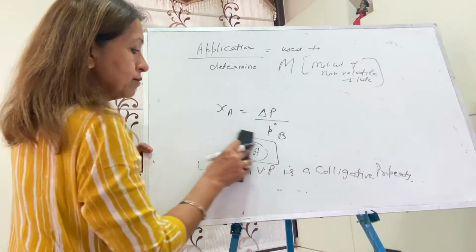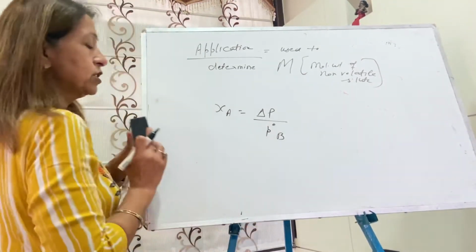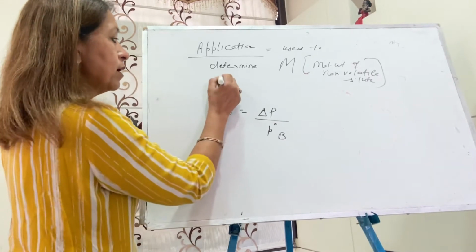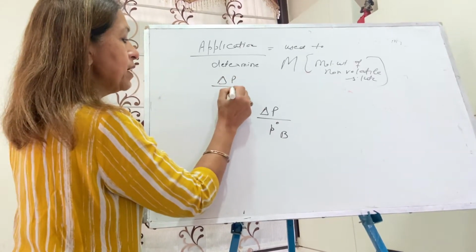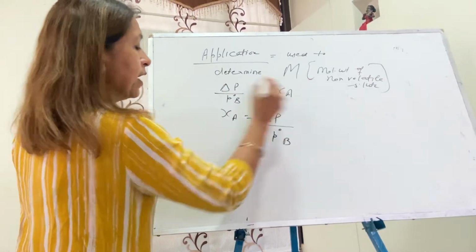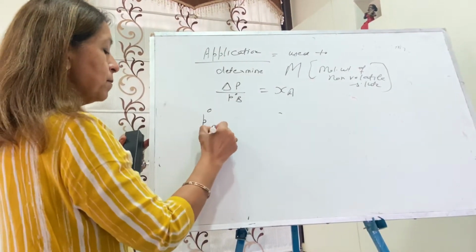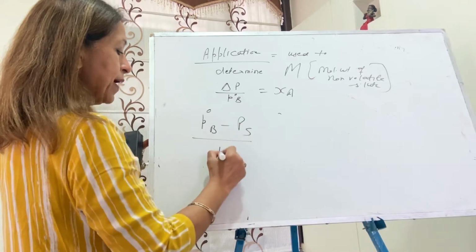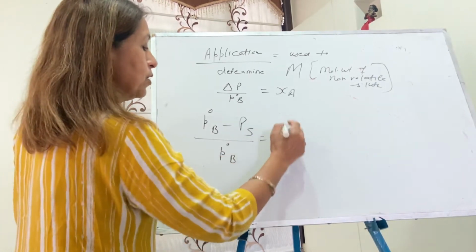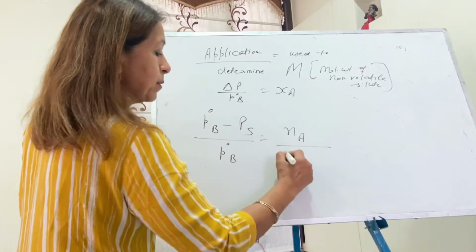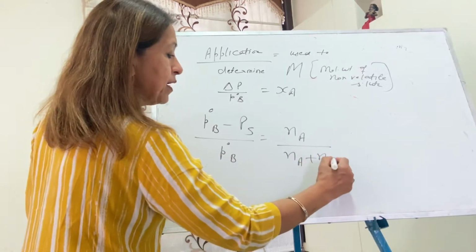Write down again the derivation. Delta P by P naught B is equal to XA, or P naught B minus PS by P naught B is equal to Na divided by Na plus Nb.